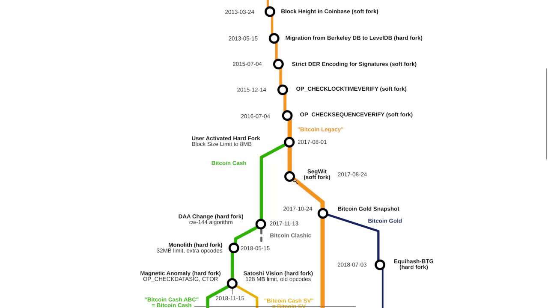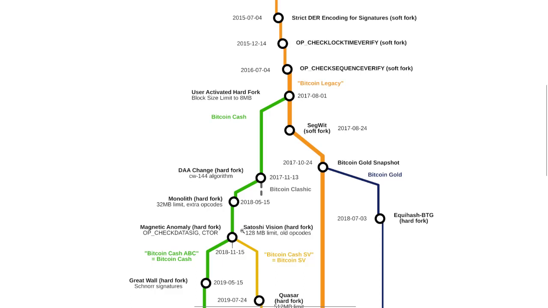So SegWit was a major change to the Bitcoin protocol because it allowed for Lightning. And as you can see, Bitcoin Cash was forked off before SegWit. There also was a lot of opposition to SegWit from the Bitcoin Cash camp. So there was never a SegWit upgrade on Bitcoin Cash. And then Bitcoin Cash introduced these bi-yearly hard forks.